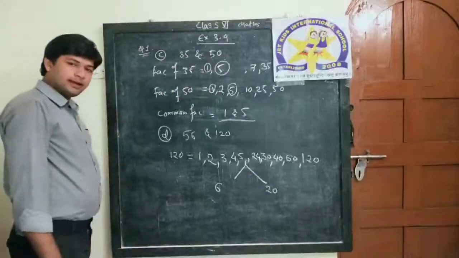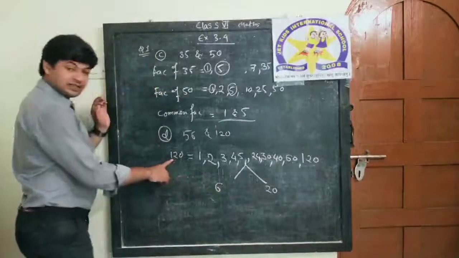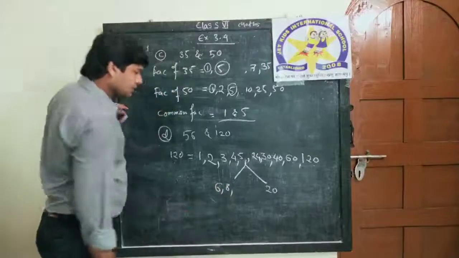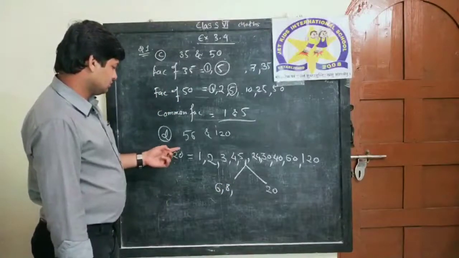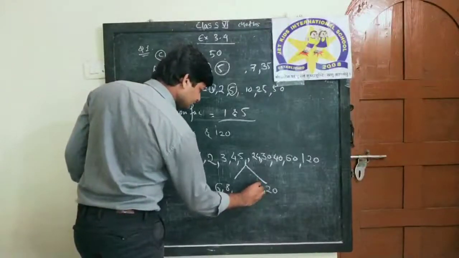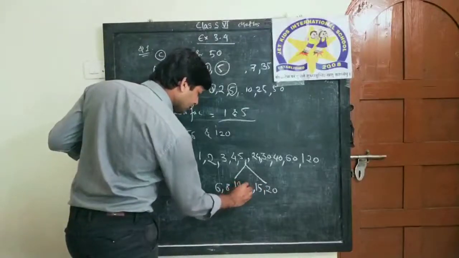Is it divisible by 8? Yes. It is not divisible by 7. So 8 multiplied by 15, then 12 multiplied by 10.